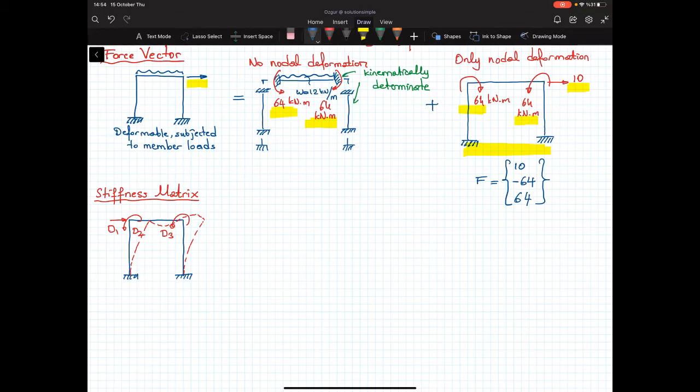I can represent the deformed shape of this structure with these 3 degrees of freedoms. Here I'm saying that the total deformed shape is equal to case 1, deformation due to D1 only. So I don't know what the magnitude of D1 is, but let's sketch.